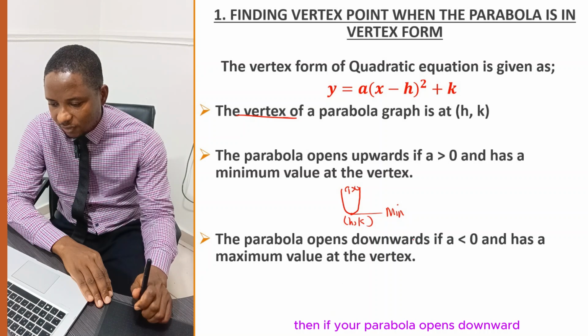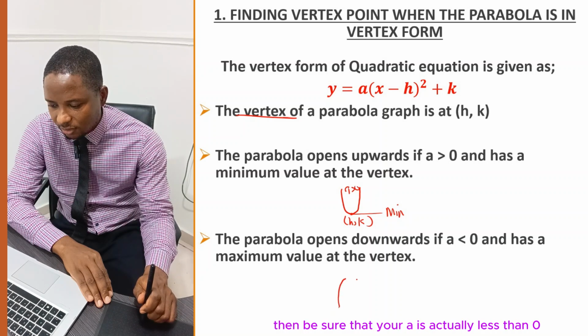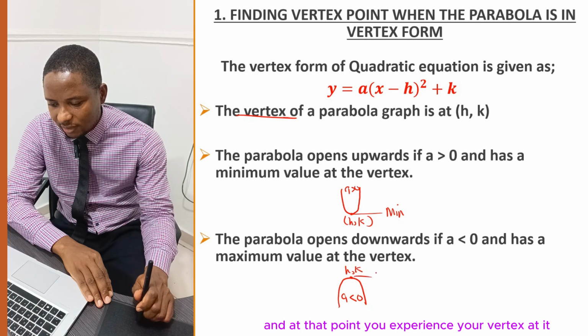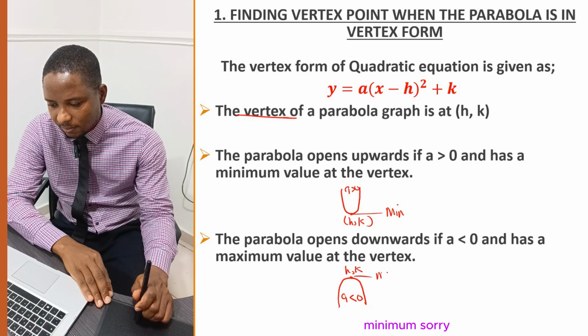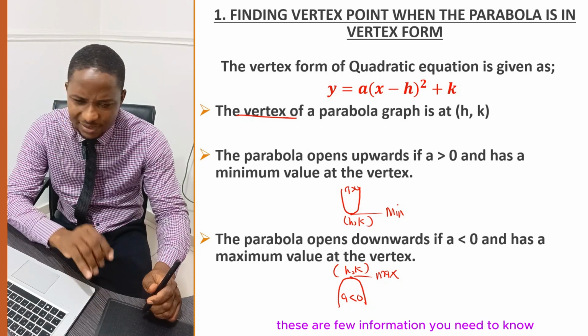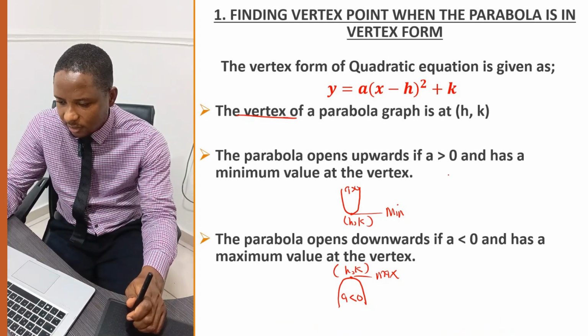Then if your parabola opens downward, be sure that your a is less than 0, and at that point you experience your vertex at its maximum. These are a few pieces of information you need to know.